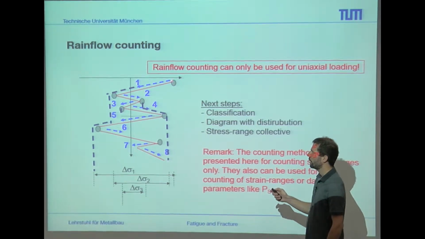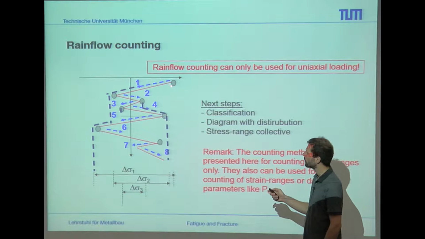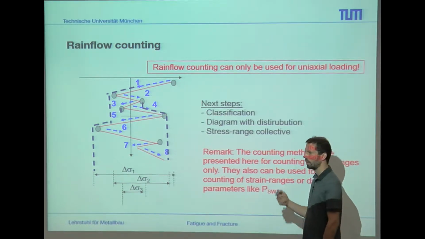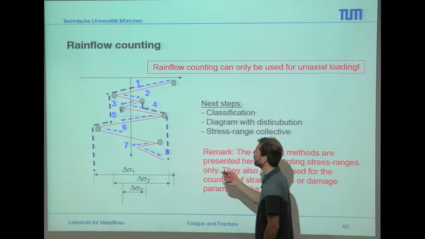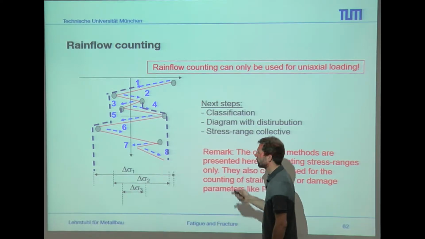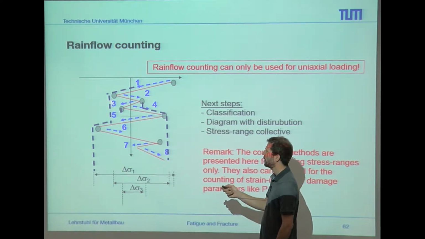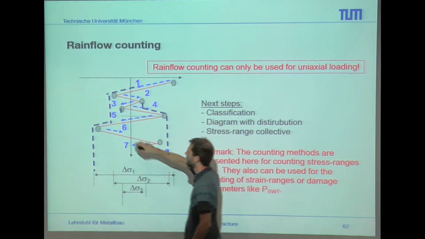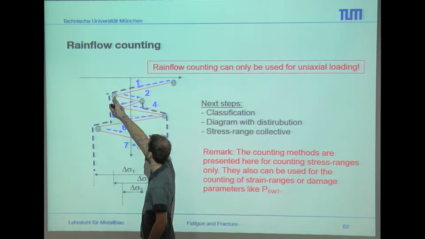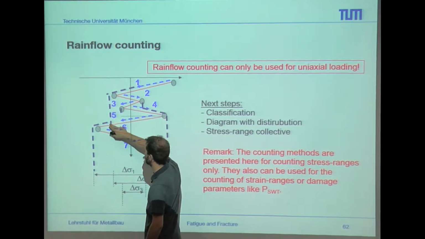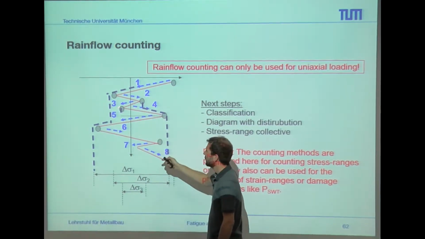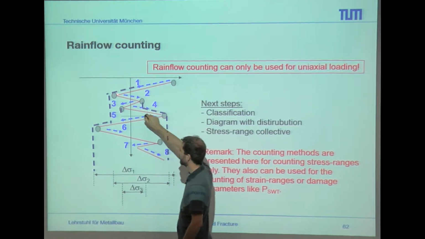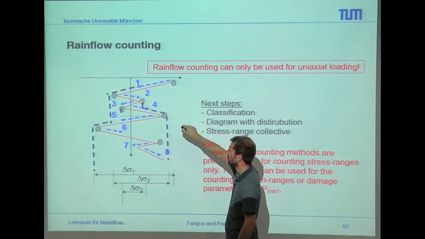Therefore, of course, we have to skip this point, because otherwise we would also have a water falling here, but we said, okay, the water starts here, and at the starting point, there is no water running beyond this point. So then on this side, okay, we have the first closed hysteresis. So this is the big hysteresis. We have a hysteresis which is going from this point to this point to this point. The next one is going from this point to this point.